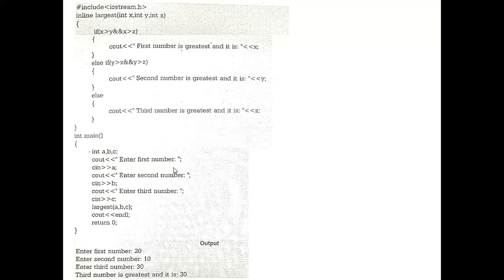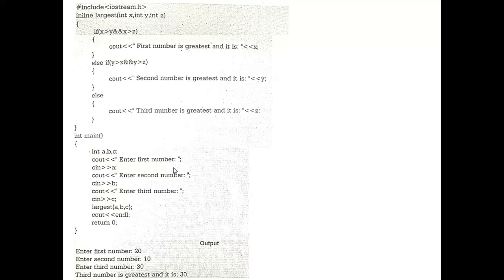In this example, we have written the header file. After the header file, one function is written called largest, which is written with the keyword inline, and three arguments are passed. In the body part of that largest function, we have used if, else if, and else just to define which of the variables is larger.